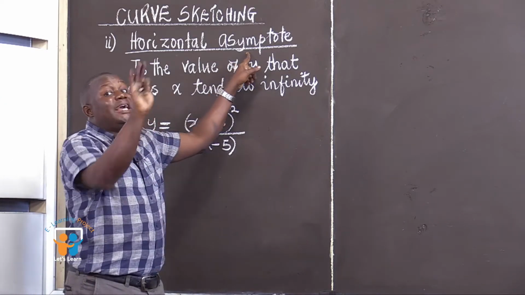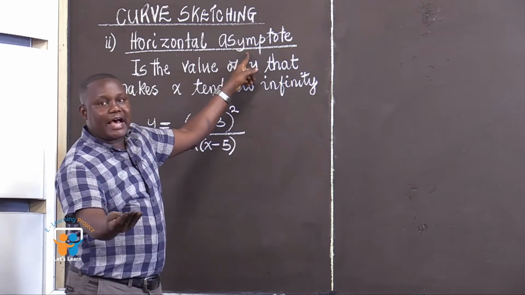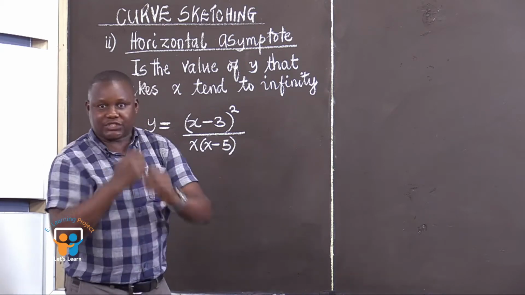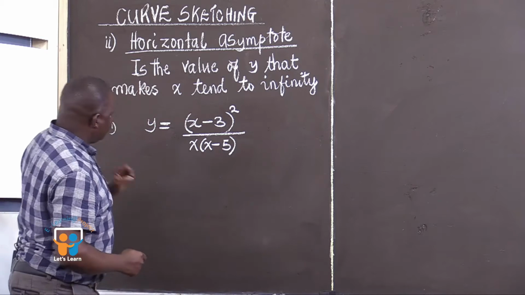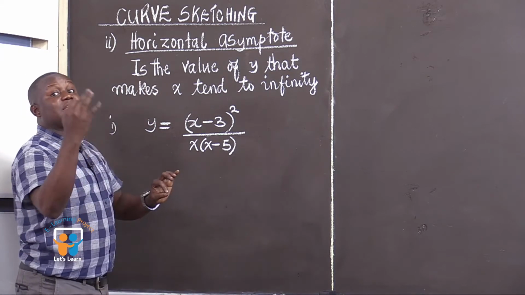Meaning that we were obtaining values of x. If you go back and check what we've done, you're going to discover that we've got values of x representing the vertical asymptotes.